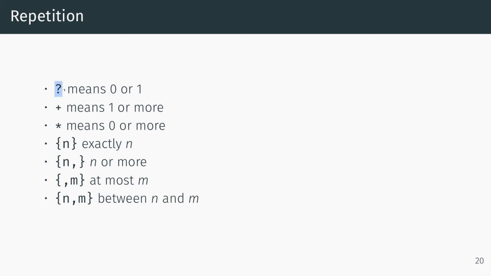The question mark is a lazy operator. That means it will match as soon as it can. The plus and the asterisk are greedy operators. They'll match as much as they can. And you can influence the braces operators by putting question marks or pluses after them to make them greedy or lazy.